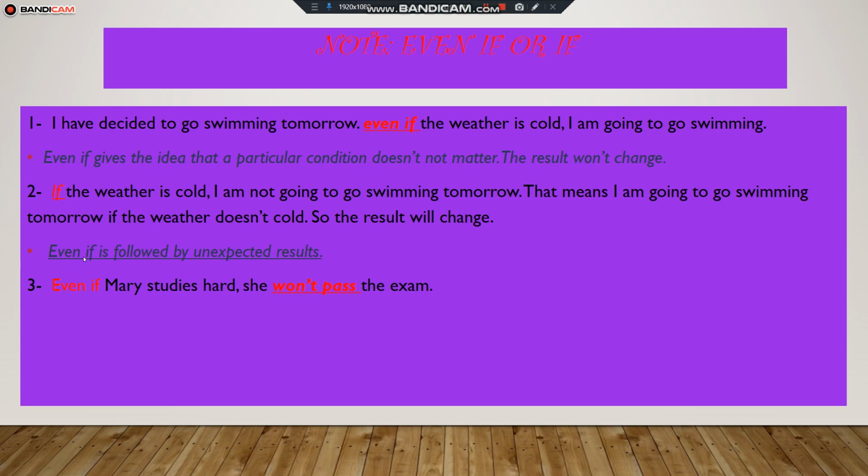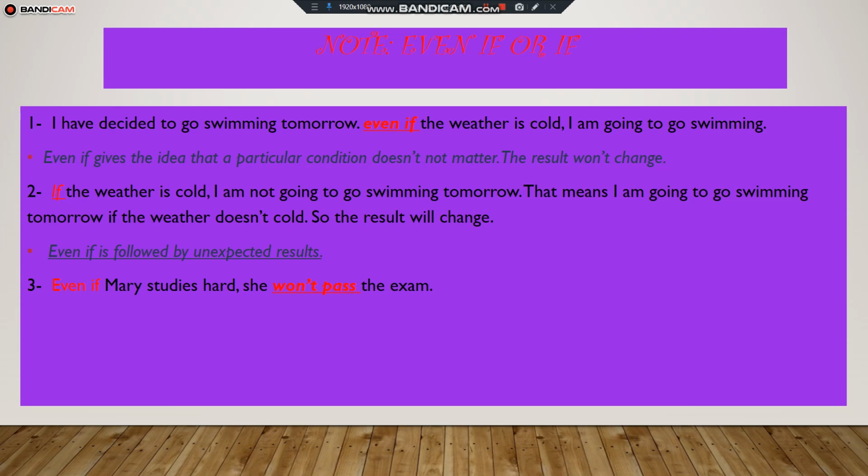Well, even if is followed by unexpected results. Okay, for example, I have decided to go swimming tomorrow. So I tell you, even if the weather is so cold, I'm going to go swimming. That means even if the weather is cold, I'm going to go swimming.